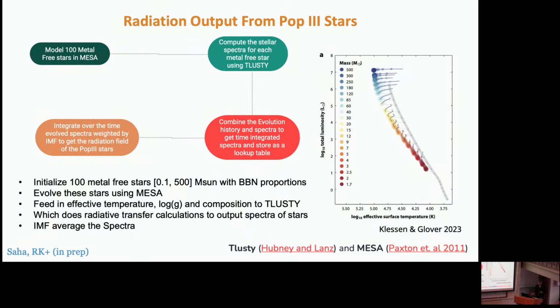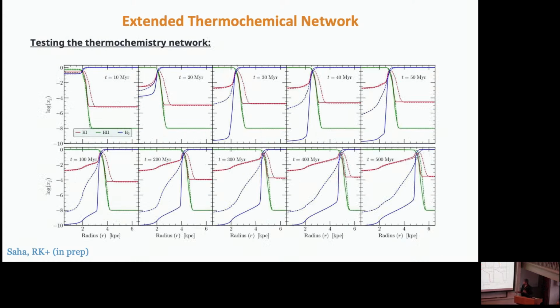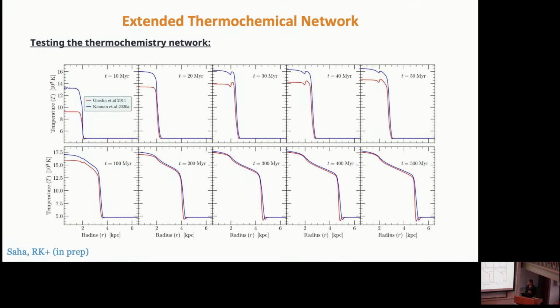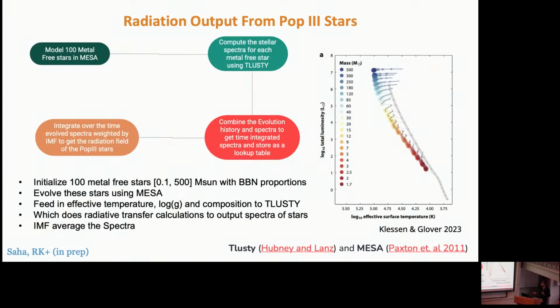Next, you need to figure out the radiation output from POP3 stars, because again, in the previous models that we had, we only talked about radiation from POP2. POP3s can have, of course, much larger and much harder radiation, because if you have a top-heavy IMF, the surface temperatures of these stars are much higher, and so you'll have radiation in the much harder ionizing bands.